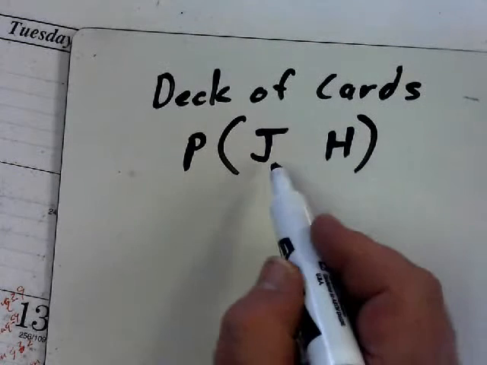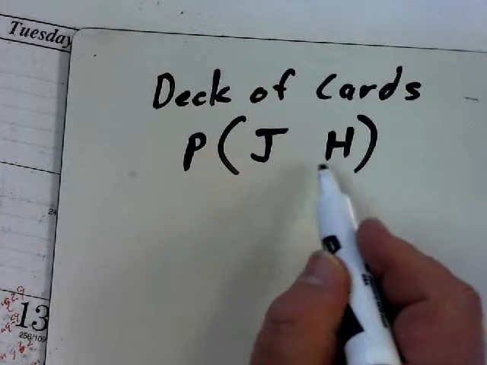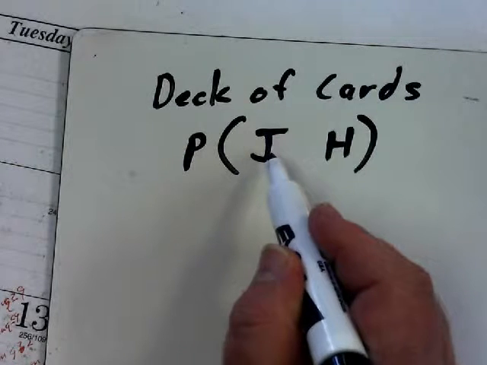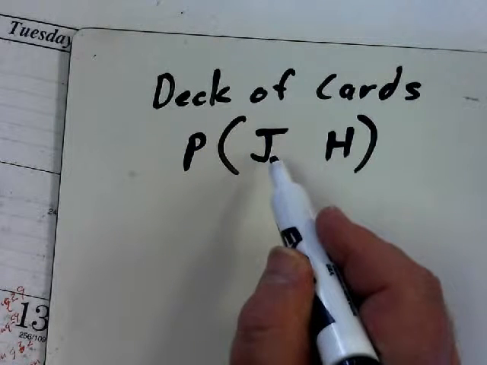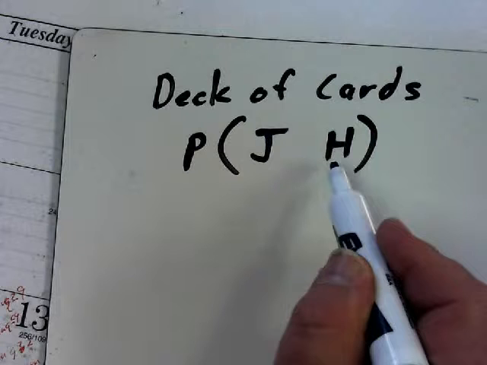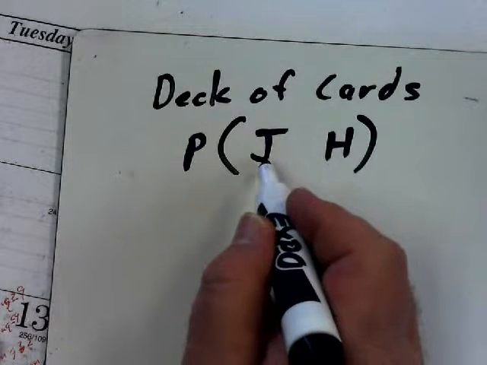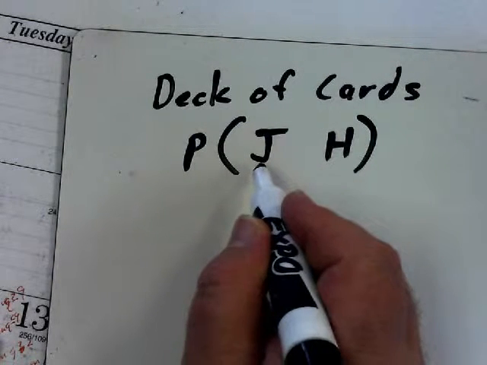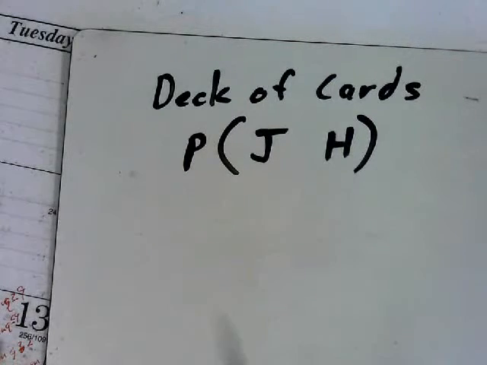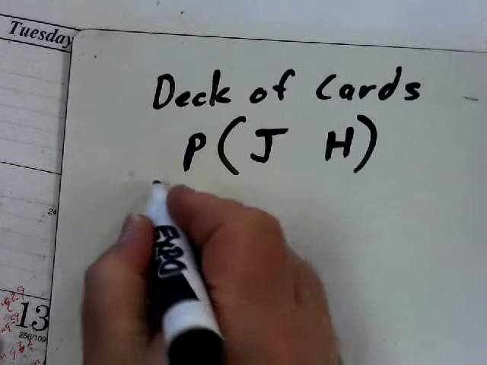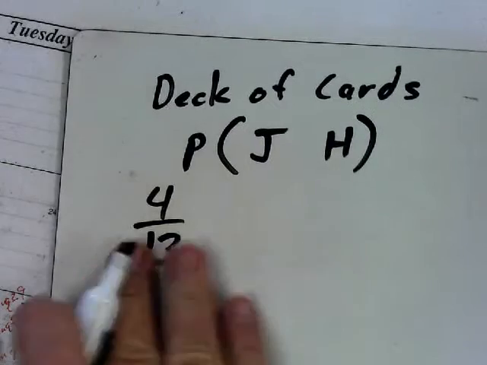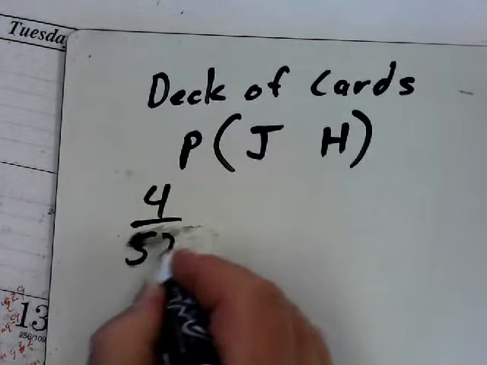Okay, this is no longer mutually exclusive because there is a jack that's a heart, isn't there? Okay, but can I find the probability of drawing a jack? Yes. 4 out of 52, correct?